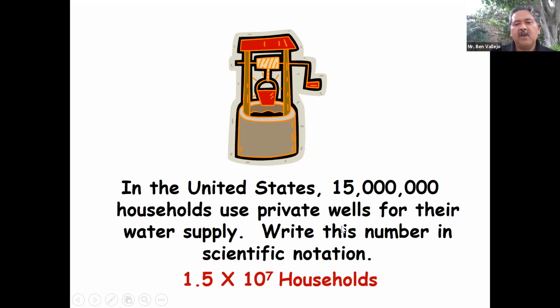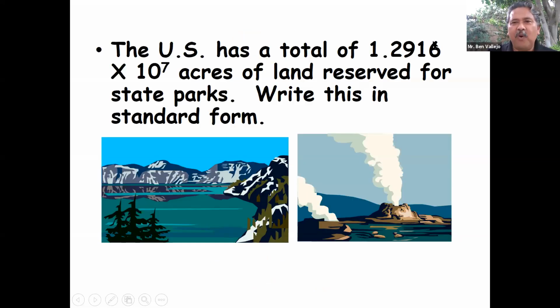So the number is 1.5 times 10 to the 7th, okay? But the unit is in households, okay? So especially in physics, I'll mark you wrong if you don't give us the units, because you got to know how many of what.